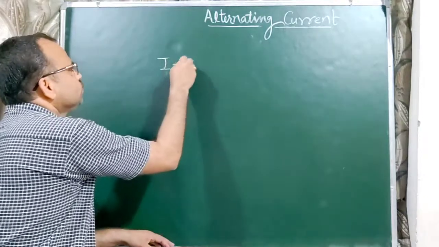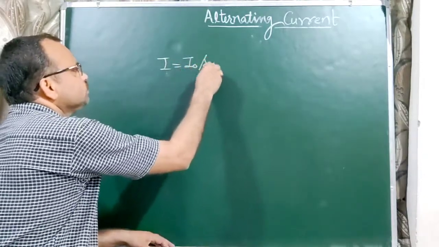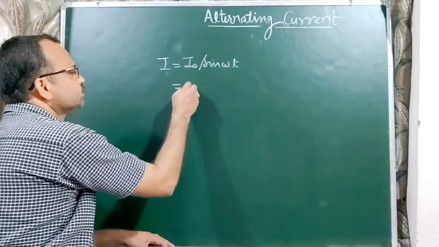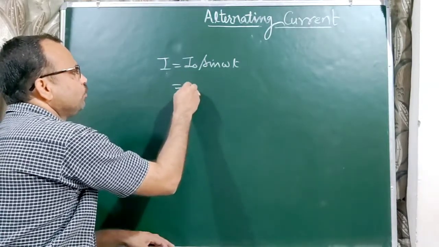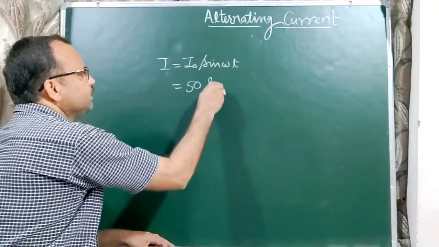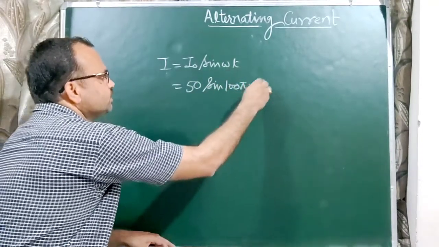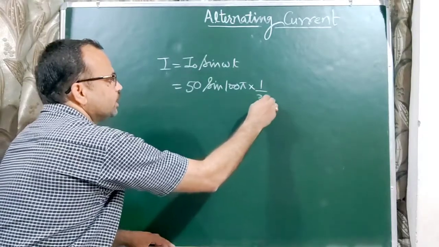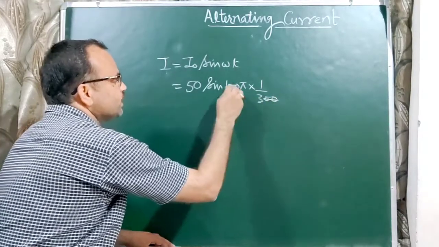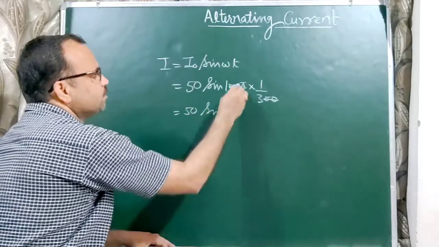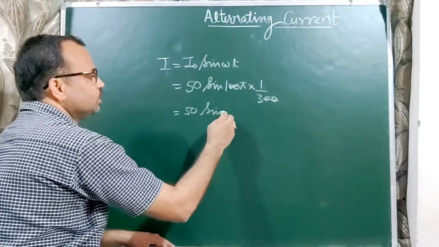In third part, we have to calculate the value of current. So I equal to I naught sin omega t. So value of I naught is 50 sin 100 pi, and the value of t is 1 upon 300. So 0 to 0 cancel. It means 50 sin pi by 3, means sin 60.